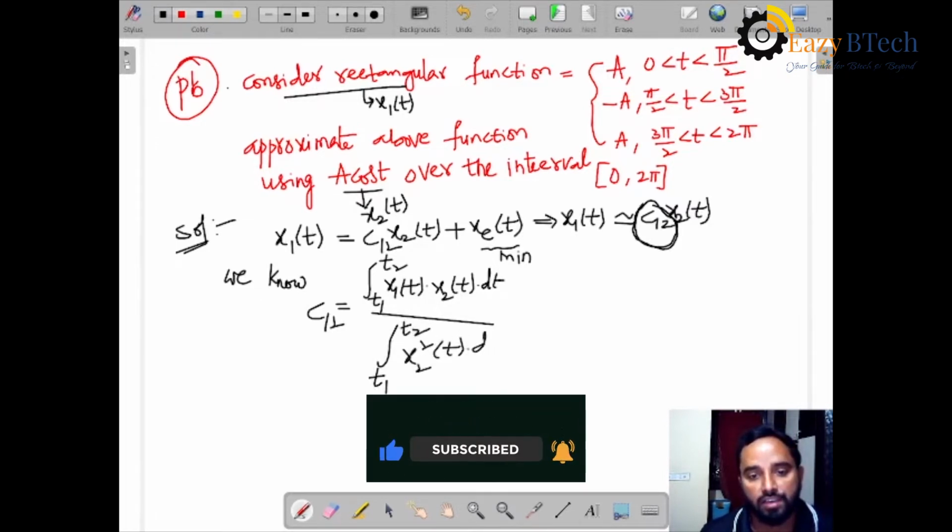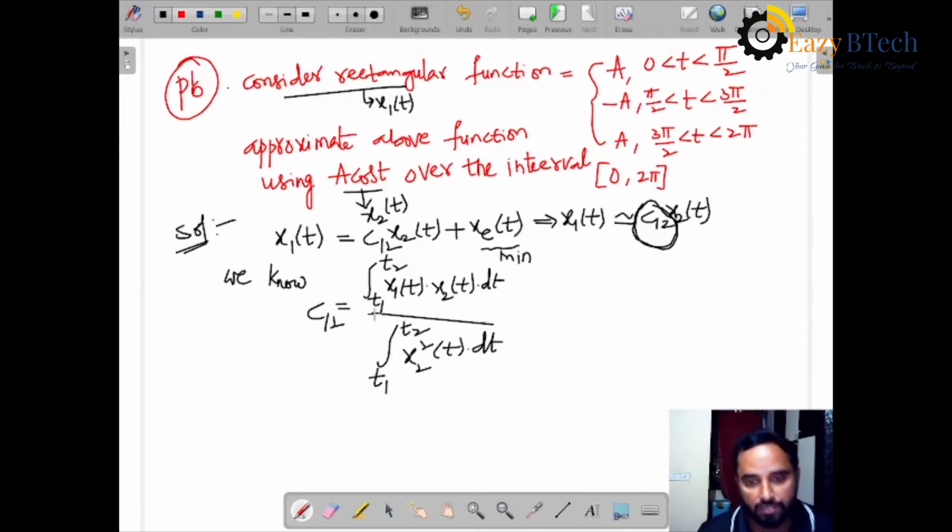Here x1 has three amplitudes: a from 0 to pi by 2, minus a from pi by 2 to 3 pi by 2, and a from 3 pi by 2 to 2 pi. So according to the rectangular function x1 of t, we have to split the integral.